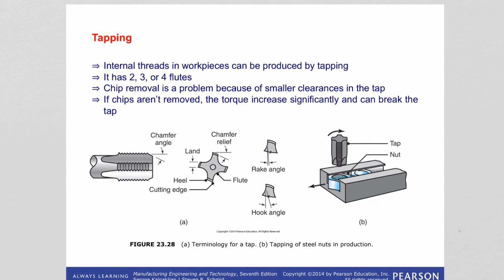Here chip removal is a problem because as you can see there are smaller clearances in the tap, and this will create a problem because if the chips are not removed during the operation, it will increase the torque, the power, and it can break the tap.